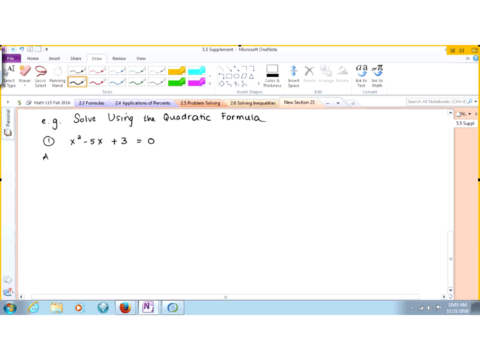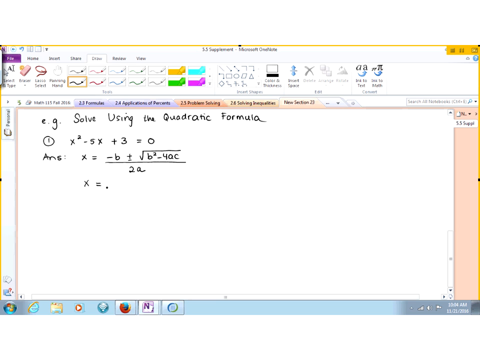X equals negative b plus or minus square root of b squared minus 4ac and then all over 2 times a. So that's the formula. We're going to write it again and again. Remember, it's all over 2a.